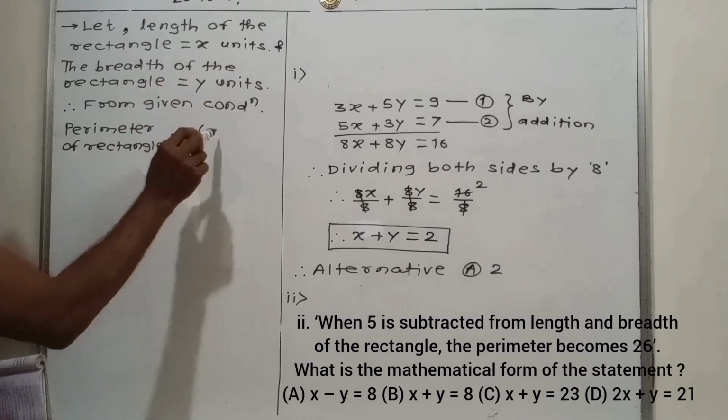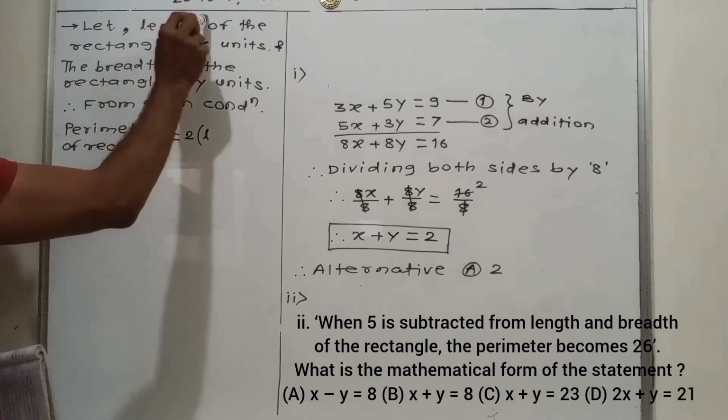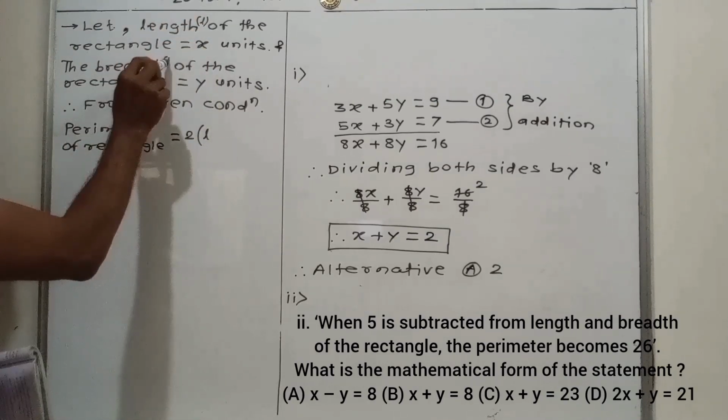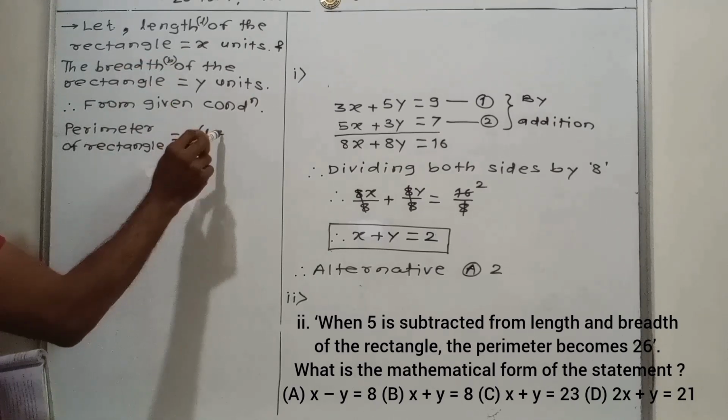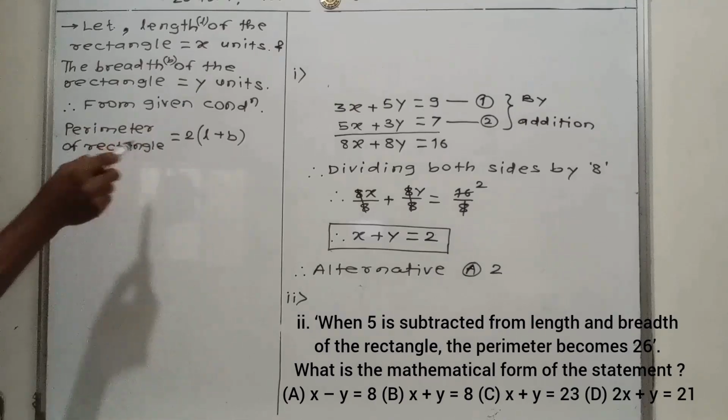Length I will write L for length, and breadth we write here B. 2 in bracket L plus B.